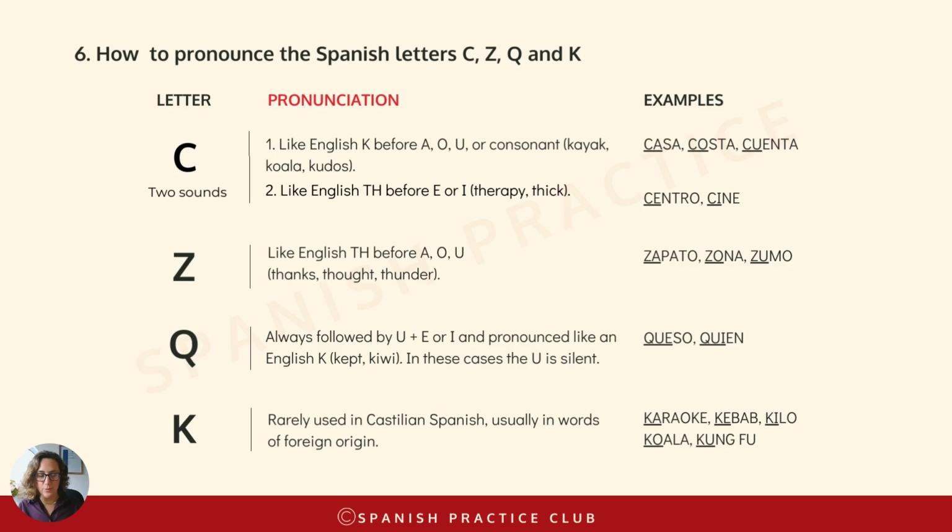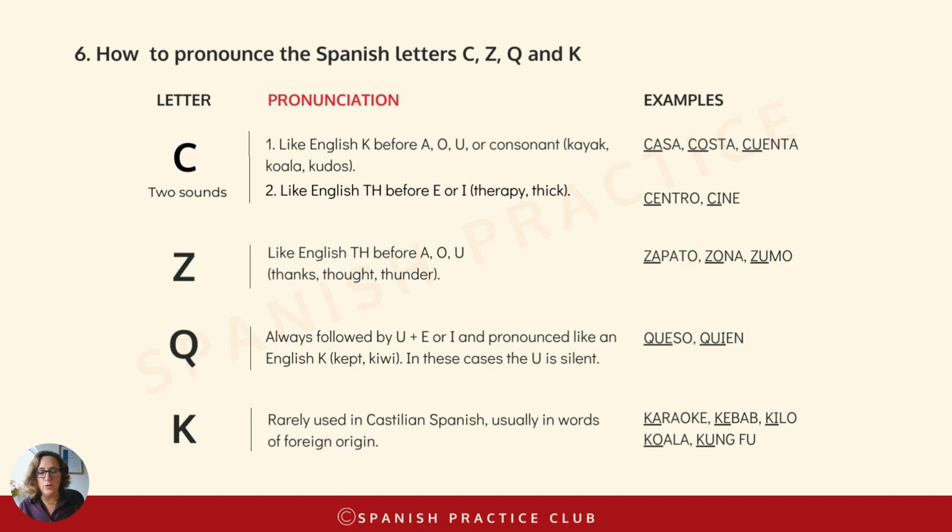The next letter down is theta, the letter Z. It works with the vowels A, O, and U. Notice that these are the same sounds, T and H, which the letter C above it cannot produce before those vowels.